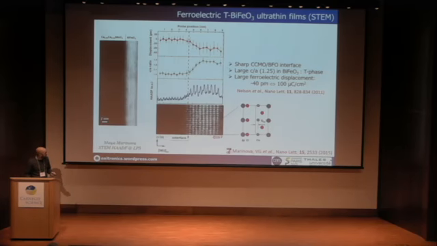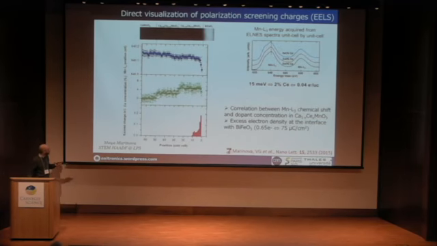In addition, they obtained some information on the electronic properties at the interface using EELS spectroscopy, and they correlated the manganese L3 chemical shift with the concentration of dopants in the films. I won't go through the details, but in the end they found an excess electron density at the interface between CCMO and BFO.